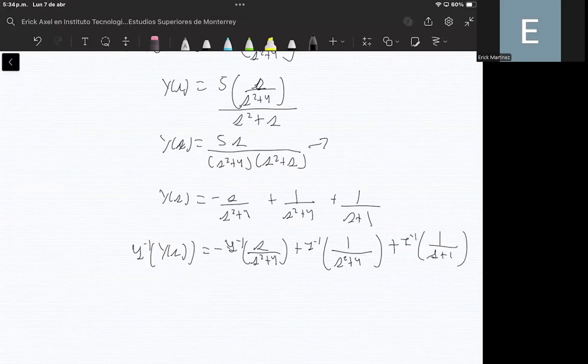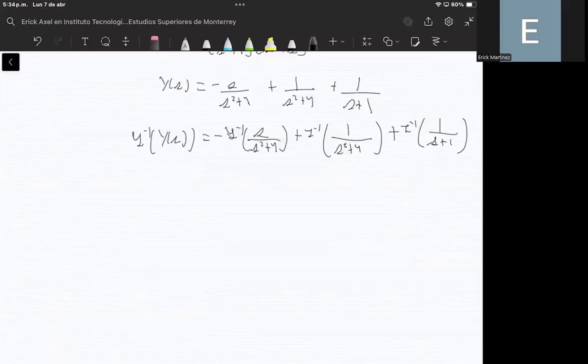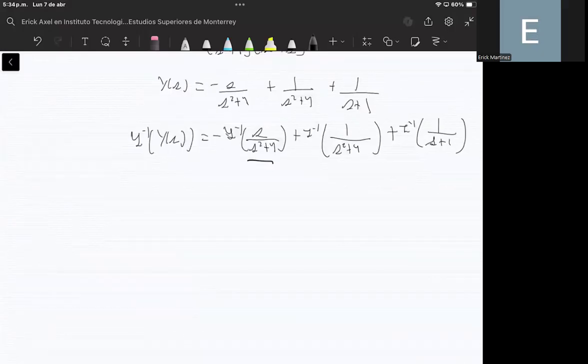So here it's quite simple. In fact, if you analyze this, you can see that this is the Laplace transform of a cosine. So we can compute directly. I will skip this step, but if you look at your tables, you will see that this is the Laplace transform of a cosine. So the inverse of this function is minus the cosine of omega t. But here omega is equal to 2.